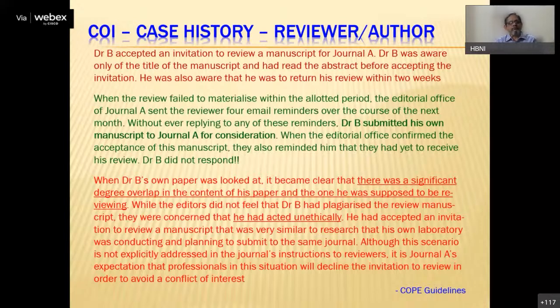So then the editorial office of Journal A sent the reviewer 4 email reminders over the course of the next 1 month. These days, even that much time is not given. They sent this Dr. B 4 email reminders. Now what happened?